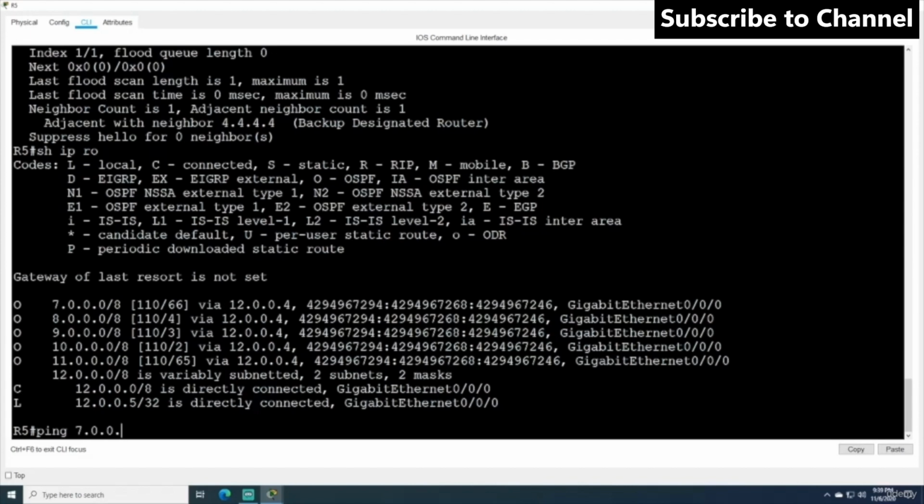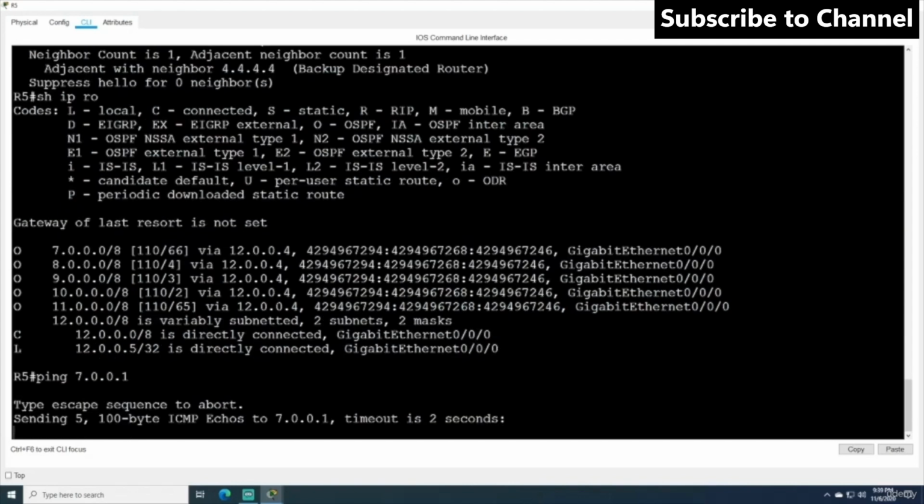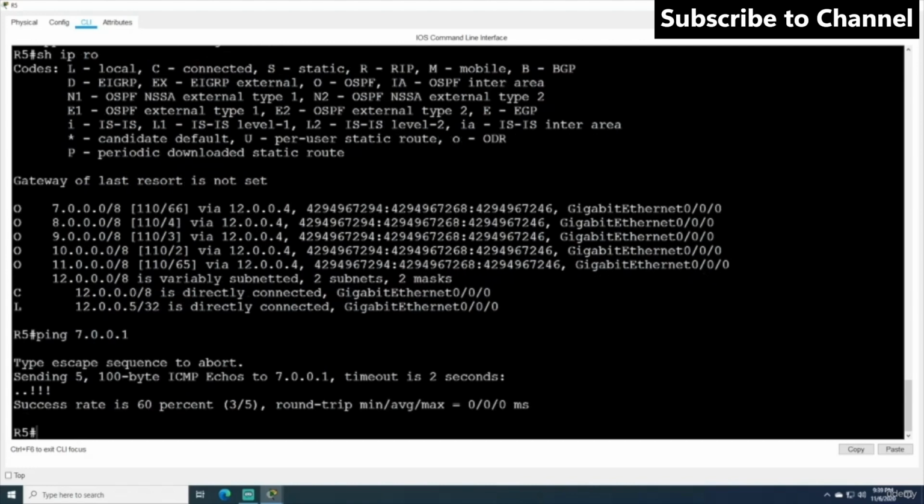So how about we ping to the farthest network according to OSPF, because it has the highest cost. Let's ping router 1 on the 7,000 network. This might take a few seconds, and there it is. It just took a little bit because it costs a bit more.